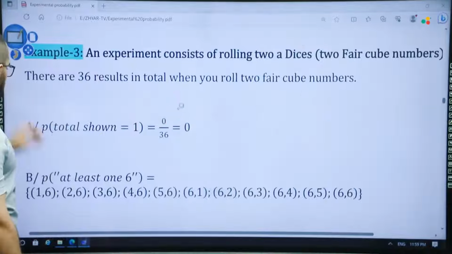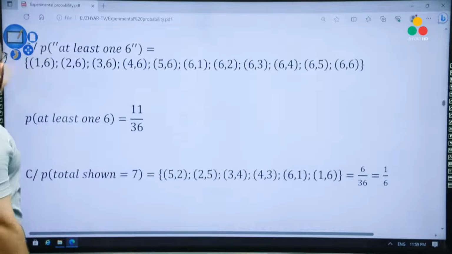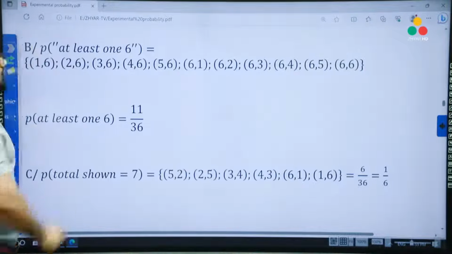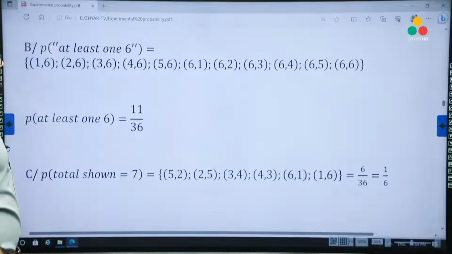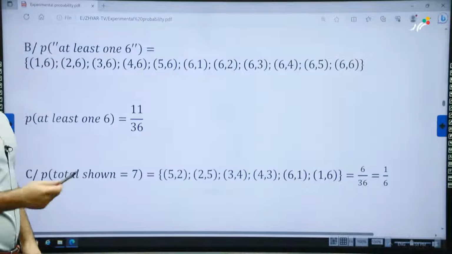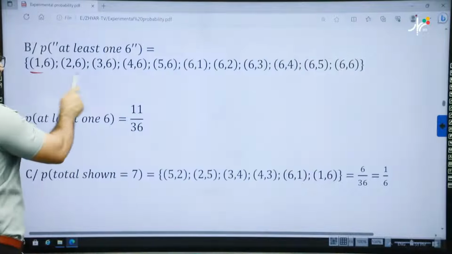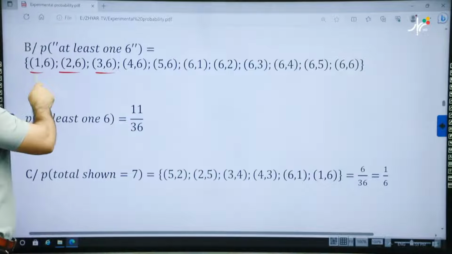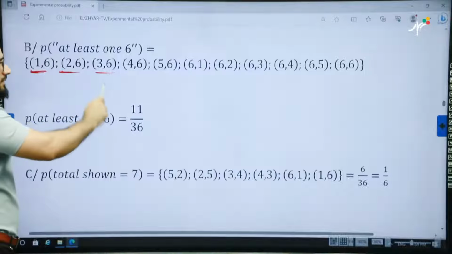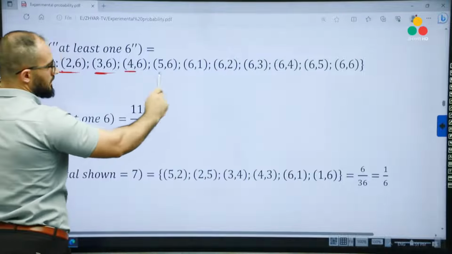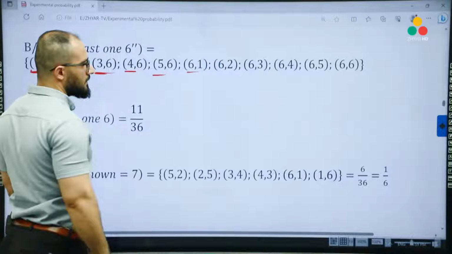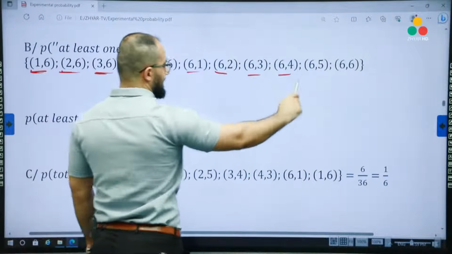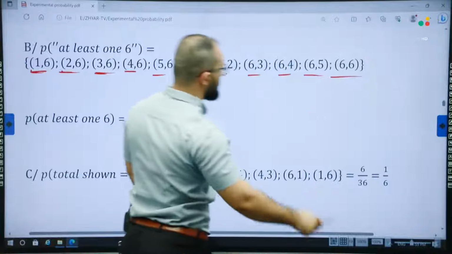Okay. Then the probability of at least 1/6. Among the ordered pairs when you write them, at least one 6 shown. You can see that it is 1 and 6, 2 and 6, 3 and 6, 4 and 6, 5 and 6, then 6 and 1, 6 and 2, 6 and 3, 6 and 4, 6 and 5, and also 6 and 6.